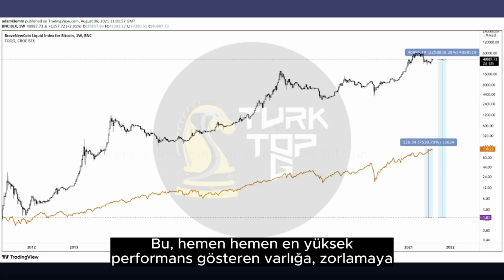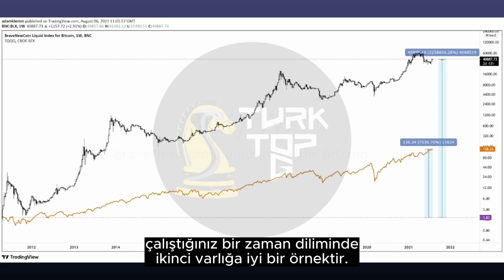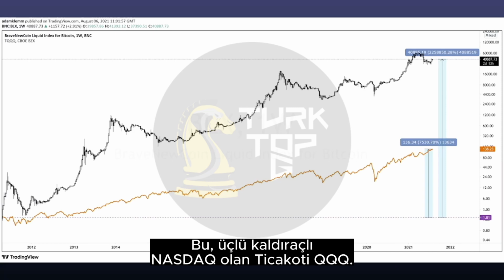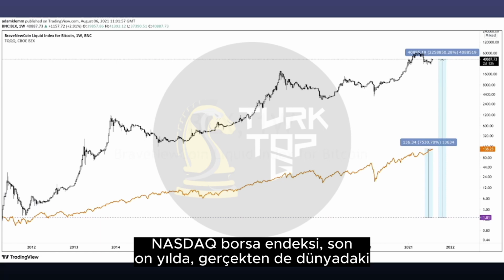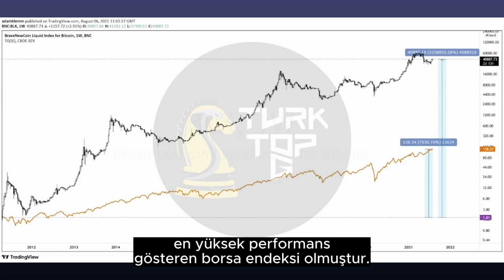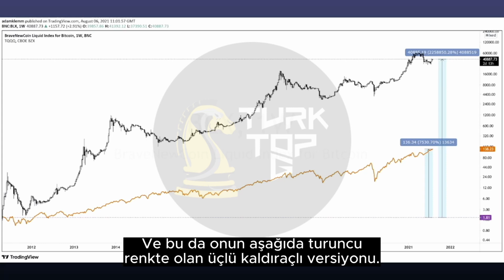This is a good example of pretty much the highest performing second asset over the time frame you're trying to force. This here is ticker code TQQQ, which is the triple leveraged Nasdaq. The Nasdaq stock market index over the last decade really has been the highest performing stock market index in the world, and this is the triple leverage version of it down here in the orange.